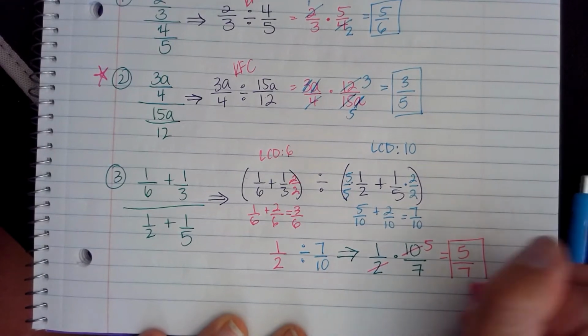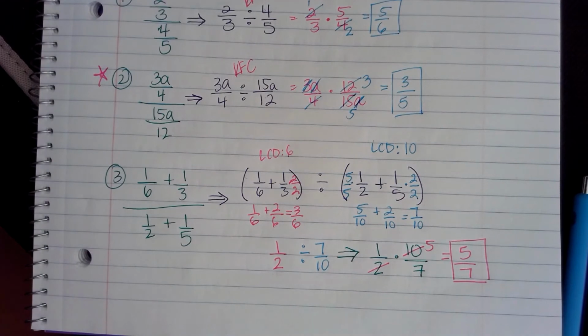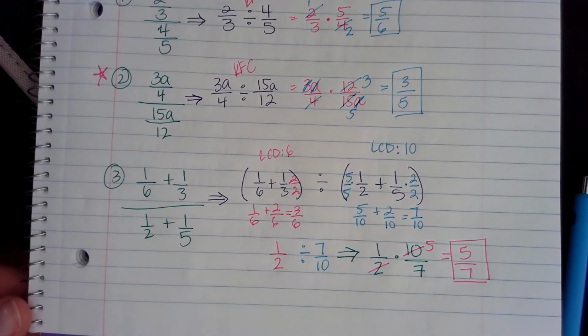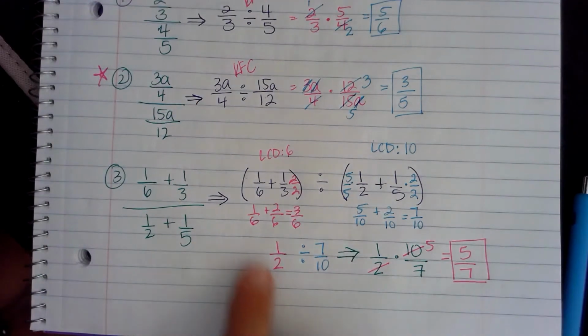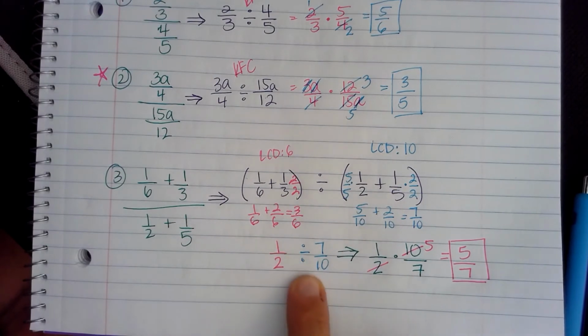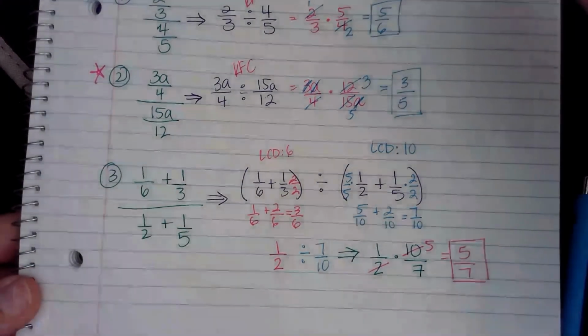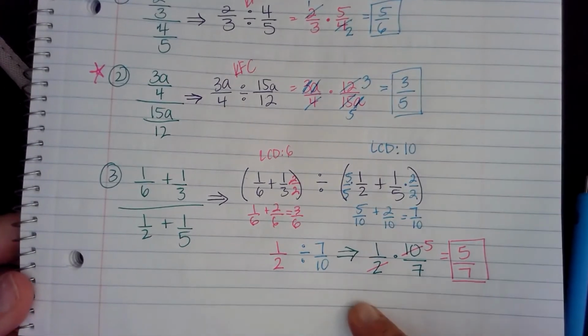And it becomes 5/7. Okay. So again, just pay attention, rewriting it, solving them like they're separate, and then bringing them back together when they're all the way simplified, because you're going to try one just like it. So if you need to, rewatch this problem.